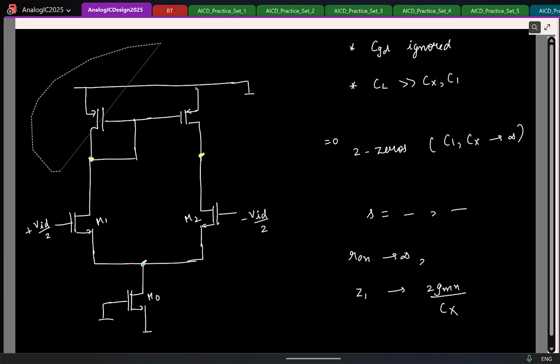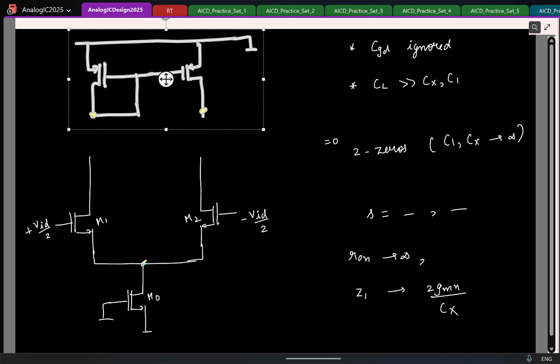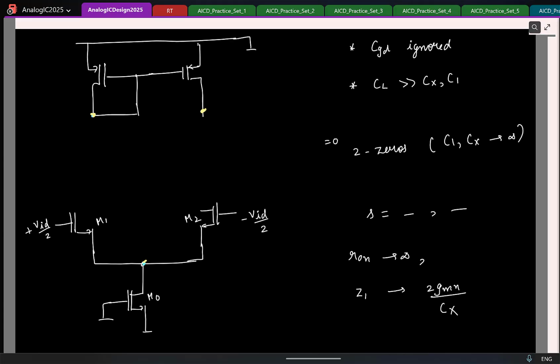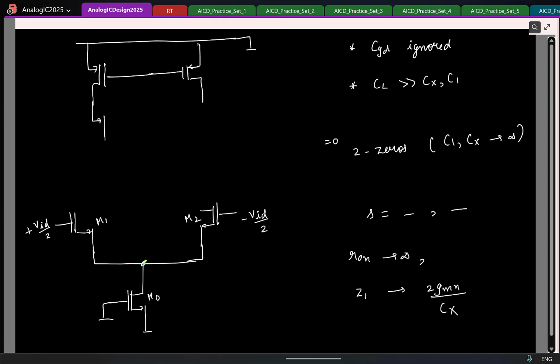So let me see if I can redraw this as such. So I'll draw a telescopic cascode here quickly. So I have a PMOS cascode. Similarly, I need to have an NMOS cascode.